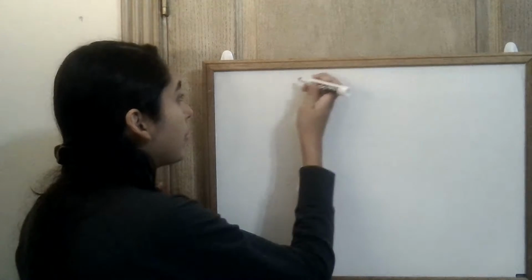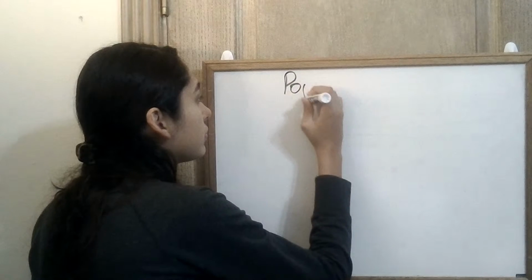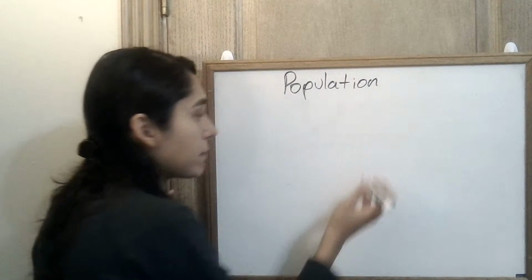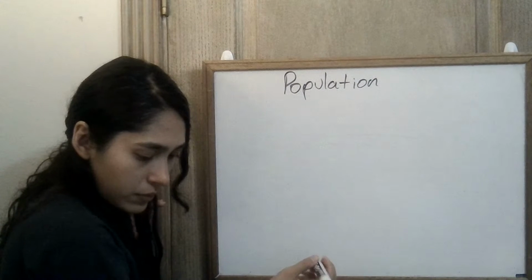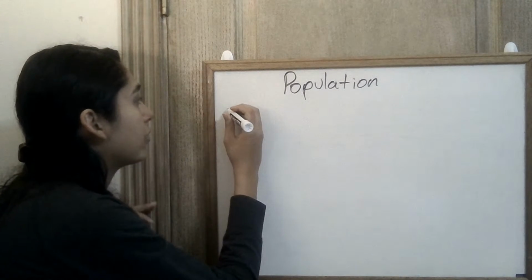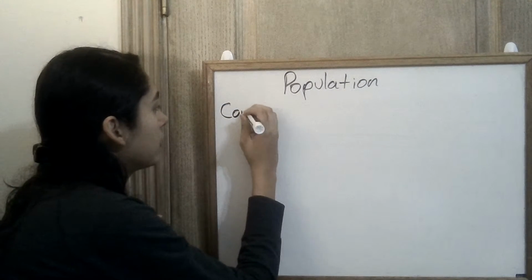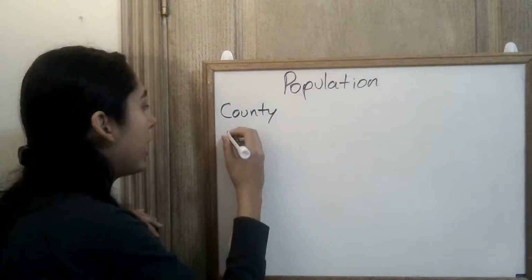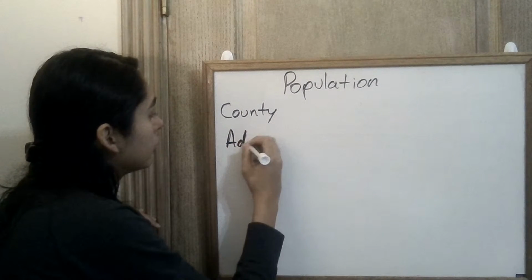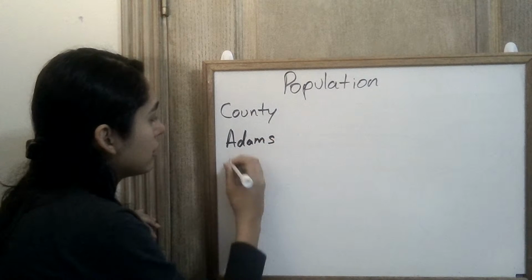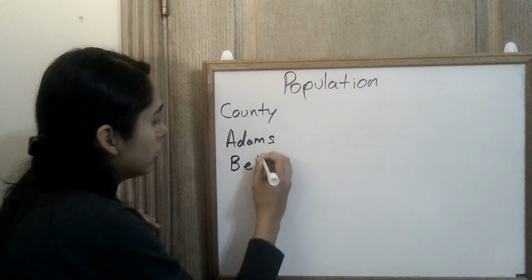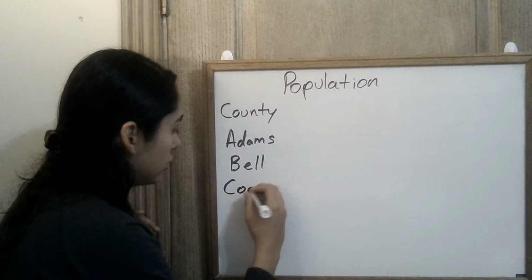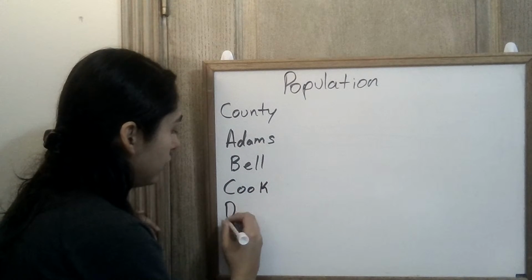So here we have population. And let's say that we're talking about different counties. Adams, Bell, Cook, and Davis.